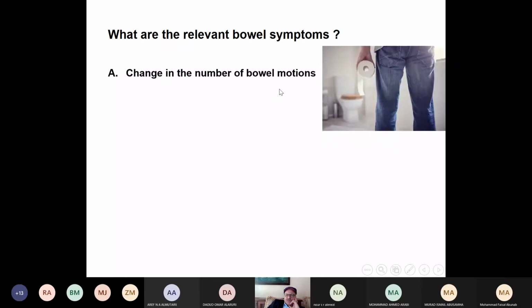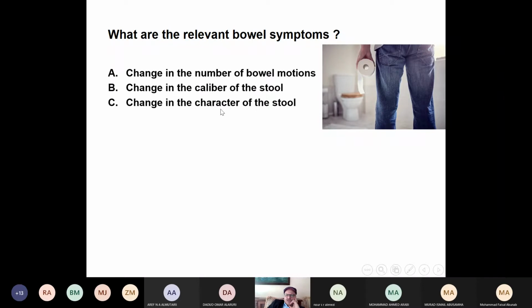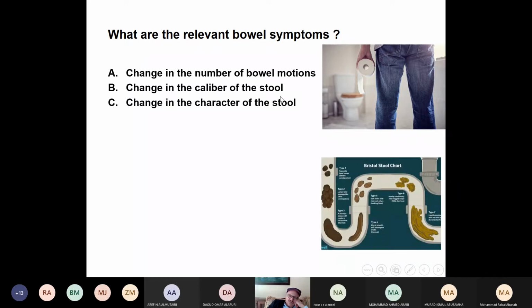And bowel habit means the number of bowel motions, the stool characteristics, the stool caliber. So we need to know if there has been a change in the bowel motions, whether the number or the characteristics of the stool or change in the caliber of the stool.